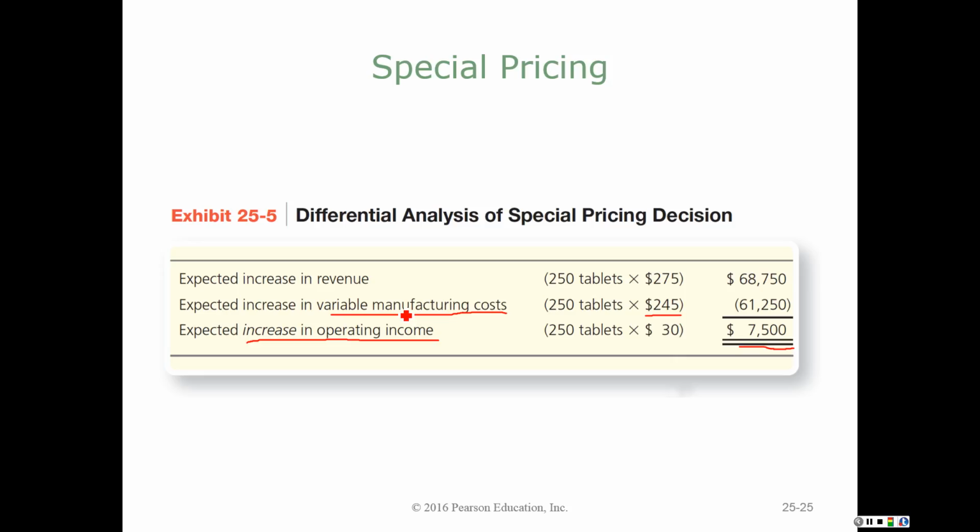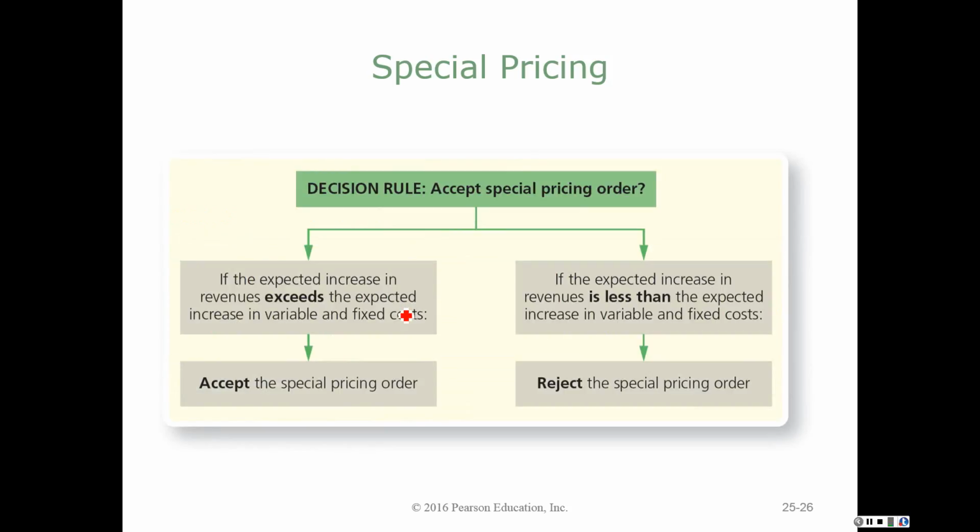It's not that fixed costs are not important, but they do not change as a result of taking on this one-time special order. So how do we decide when to accept a special pricing order? If the expected increase in revenues exceeds the expected increase in variable and fixed cost, then I should accept the special pricing order. In our situation, the fixed costs did not change; I only had to cover an increase in variable cost.